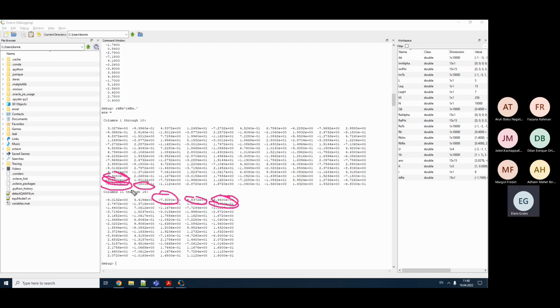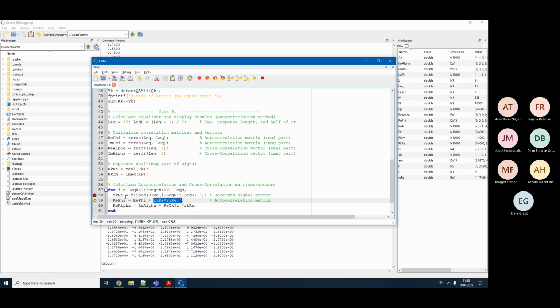So this is the autocorrelation matrix, which is then added up. Previously it was 0 in the first iteration, but with each next 15 symbols it will update itself.